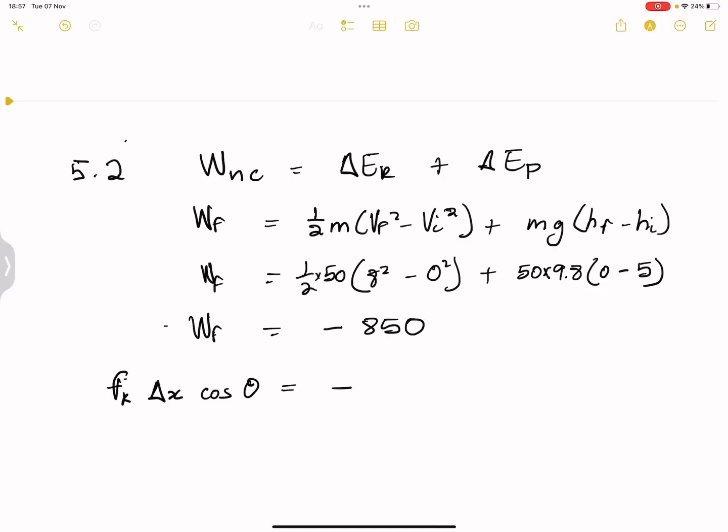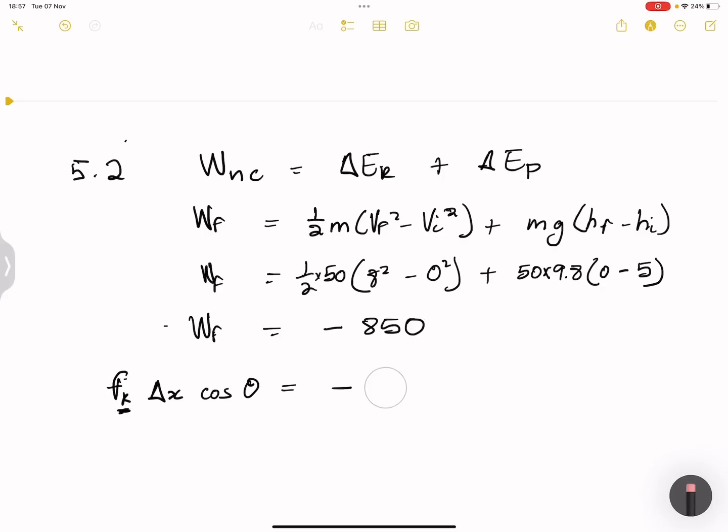Where's this object going? It's going down the incline. We know that frictional force is acting in the opposite direction. As the object goes down, friction is opposing, so the angle there should be 180.